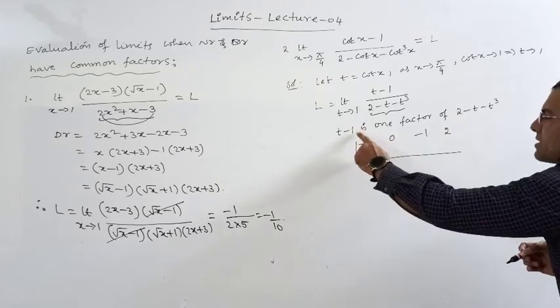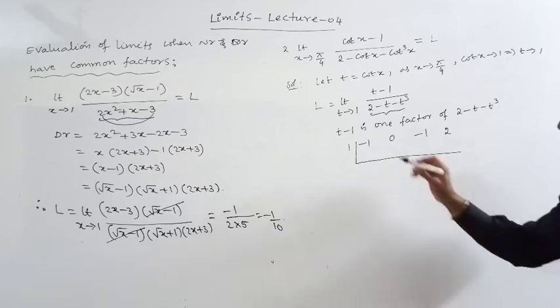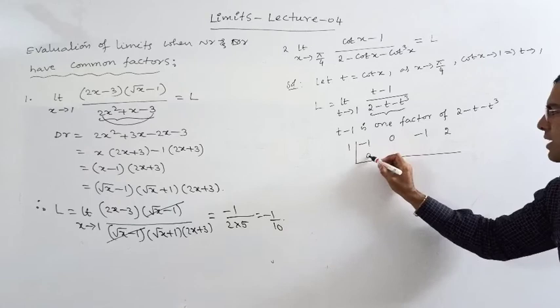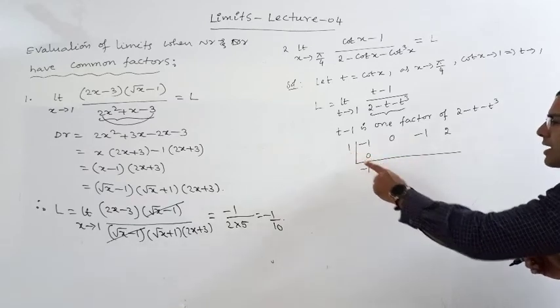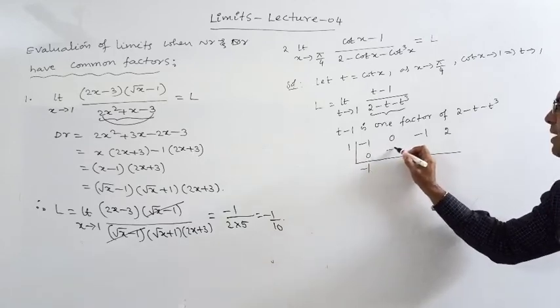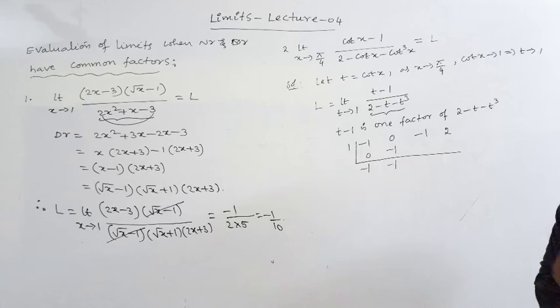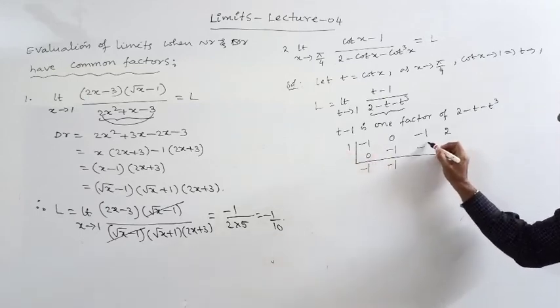t equal to 1 is a root, so you write that 1 here. Always put 0 here. Add minus 1 and 0, minus 1. Now multiply 1 and minus 1, you will get minus 1. Again add, minus 1. Again 1 into minus 1, minus 1.